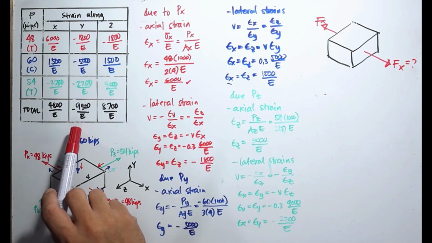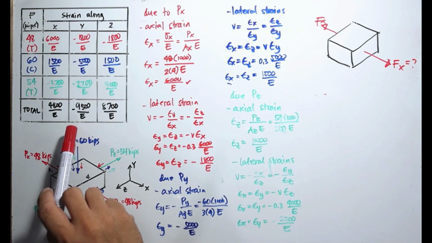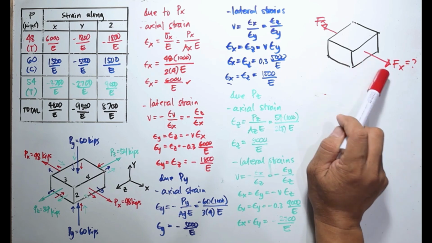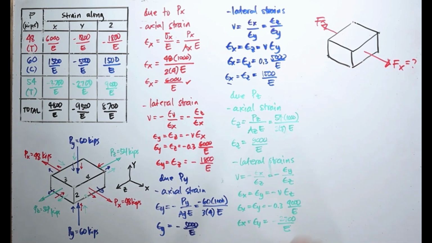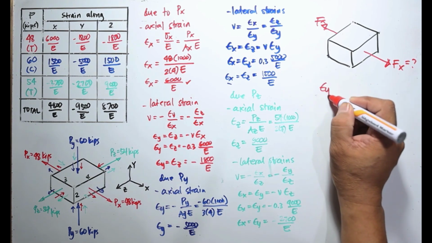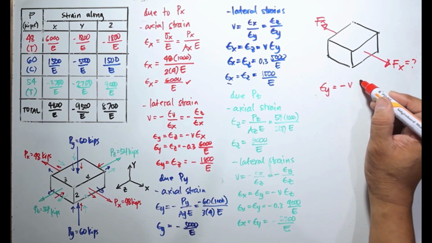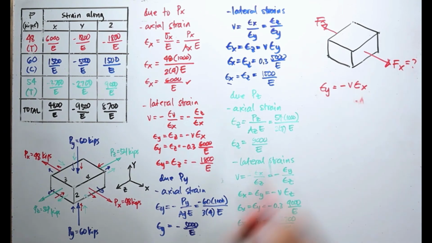So the force that will give a negative lateral strain should be tension. So this should be the direction of F sub x in tension, so that its lateral strain is negative Poisson's ratio times the axial strain along x.